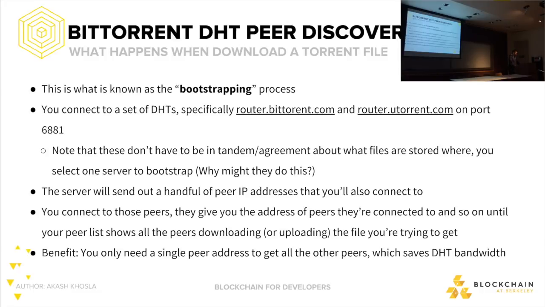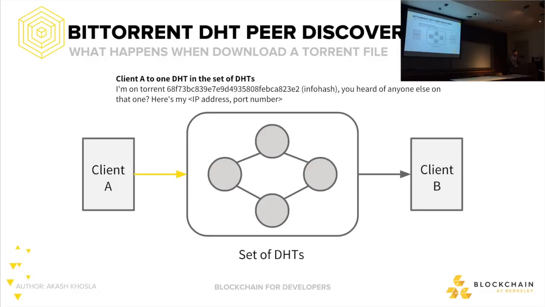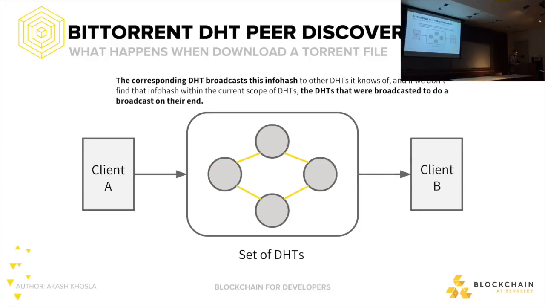So let's walk through this. We have client A, and it's on this torrent info hash, and it's basically asking the set of DHTs, have you heard of anybody else on that one? And it gives its IP address and port number. Then the corresponding DHTs decide to broadcast.